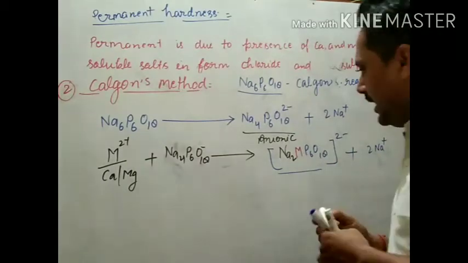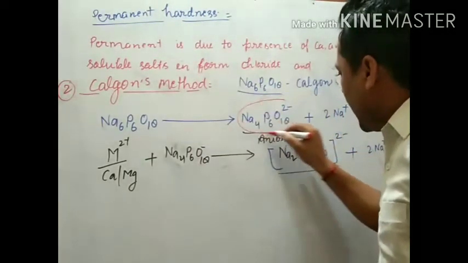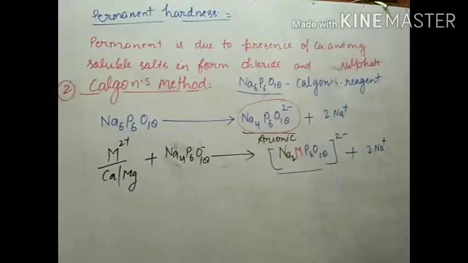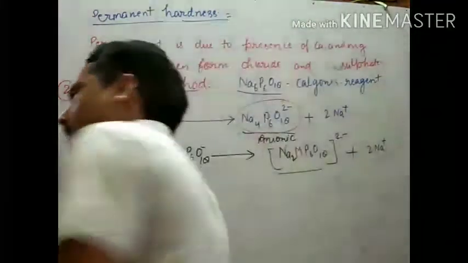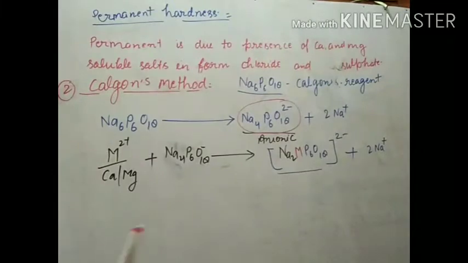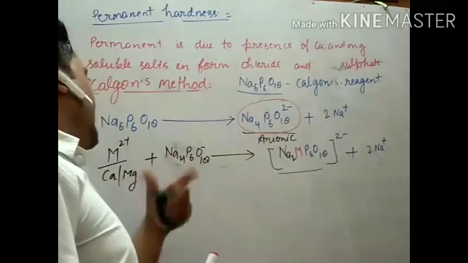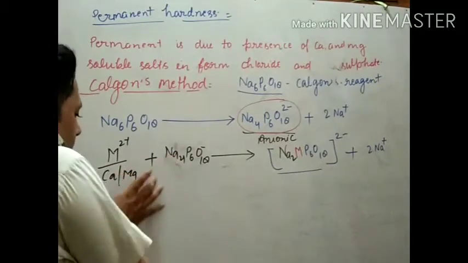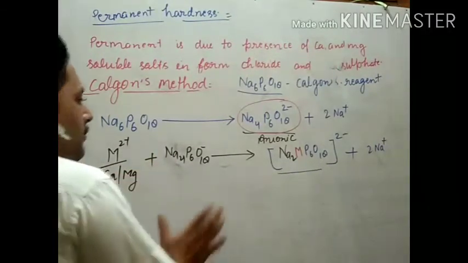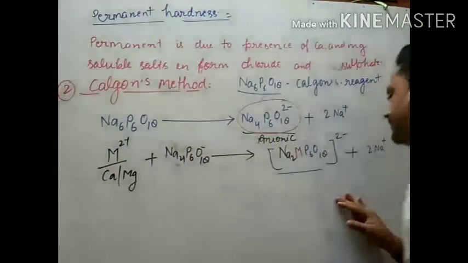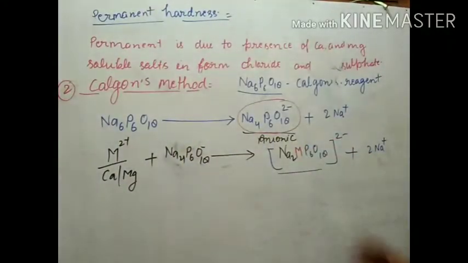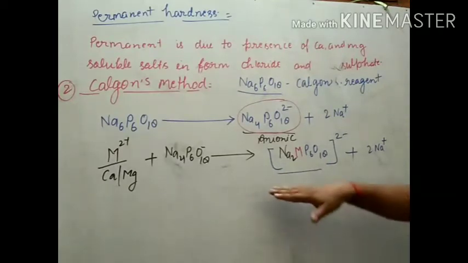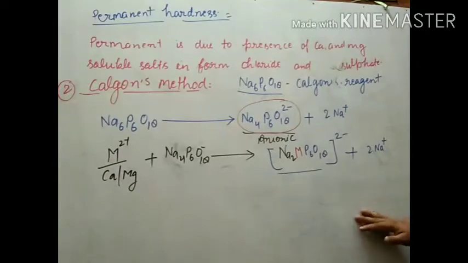This anionic part reacts with calcium or magnesium ion that are present in hard water and cause impurities. It forms a complex, and this complex remains in the solution, or we can say in water. When we filter the water, these remain on filter paper and hard water changes into soft water.